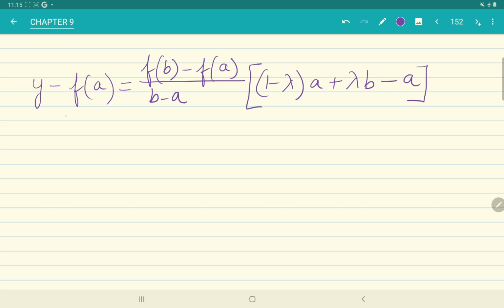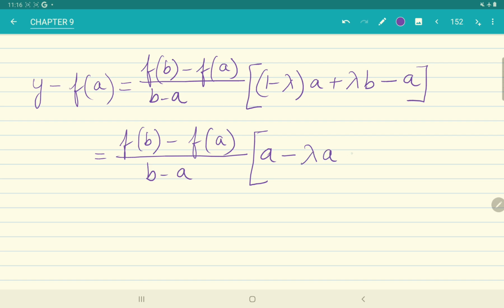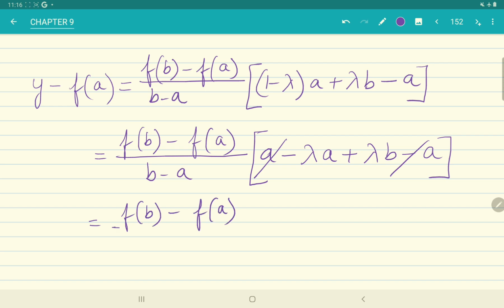Now I go for f of b minus f of a divided by b minus a, and then see what I have here: a minus lambda a plus lambda b minus a. That gives me f of b minus f of a by b minus a, and here I have lambda times b minus a.